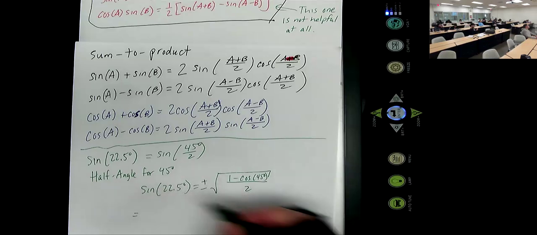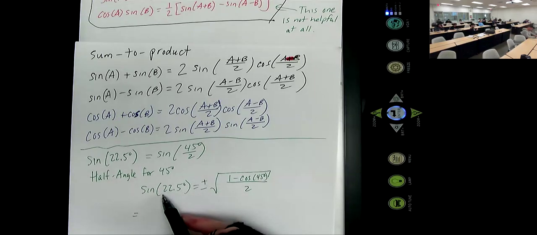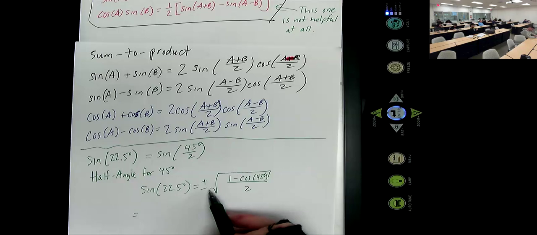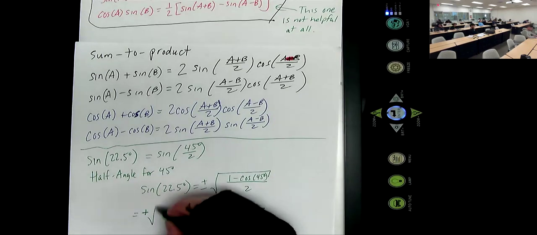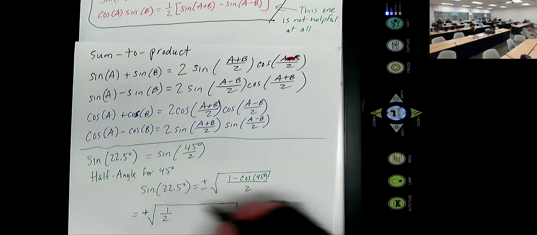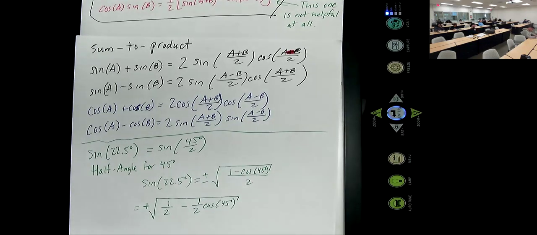Sine is positive in that quadrant, right? So our square root should be positive. We go with the positive one. I'm gonna break this up into two fractions for a second: 1/2 minus 1/2 cosine of 45. All I've done is split it up.